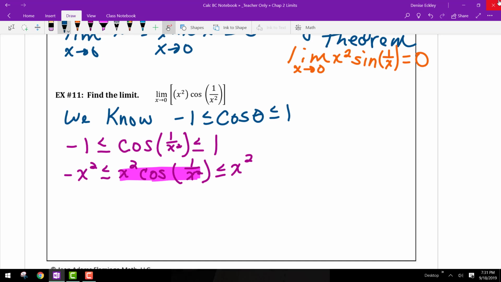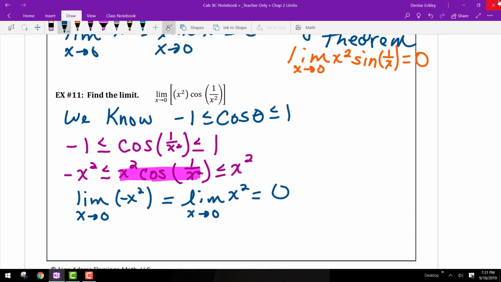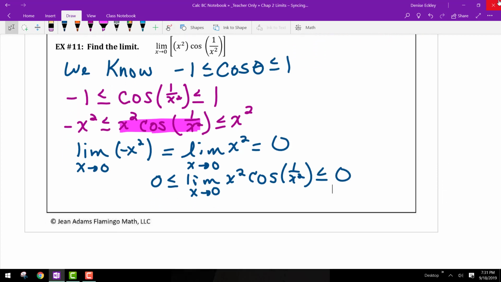So we can say that the limit as x approaches 0 of -x squared equals the limit as x approaches 0 of positive x squared, and they're equal to 0. So we know that our limit has to be squeezed in between these two. We're squeezed in between 0, and it's 0 on both sides.